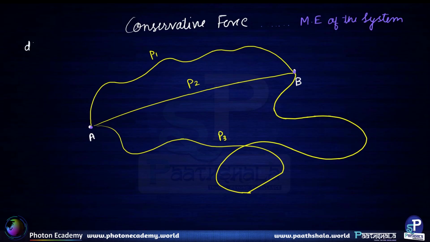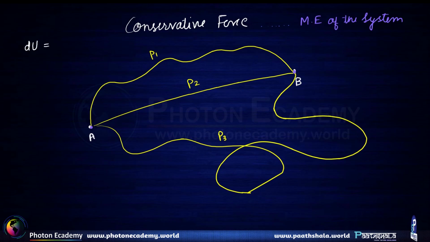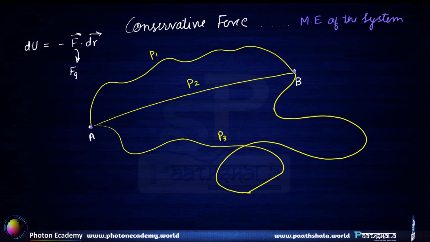The potential energy is defined as del U, a difference. Only the difference of potential energy is significant, not the absolute value, because the reference point can always be changed. So it is defined as dU equal to minus F dot dr. It is the negative of the work done by the gravitational force, where F is nothing but the gravitational force.